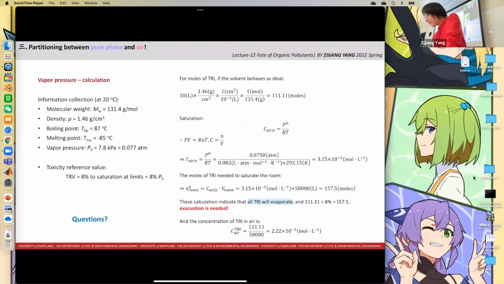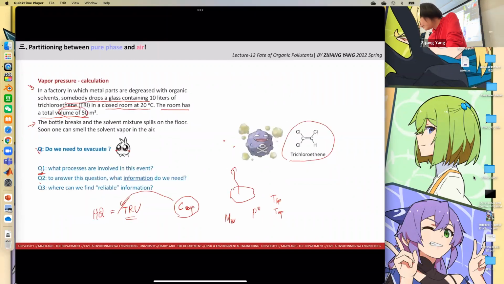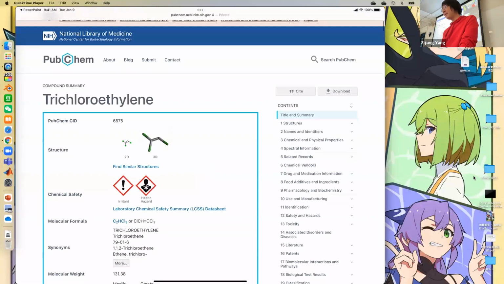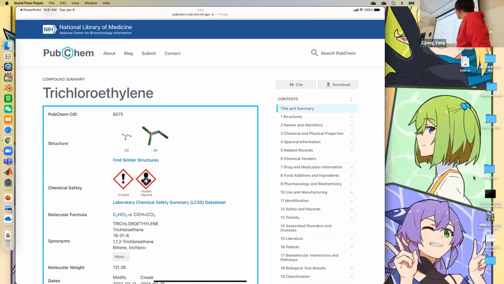And another question is, where can we find reliable information? Because we find we need some information, but now we don't have any. So where can we find this information? I think on Wikipedia we can find some information, but I usually find the information on this site, PubChem. On PubChem, we can find the information of different chemicals.